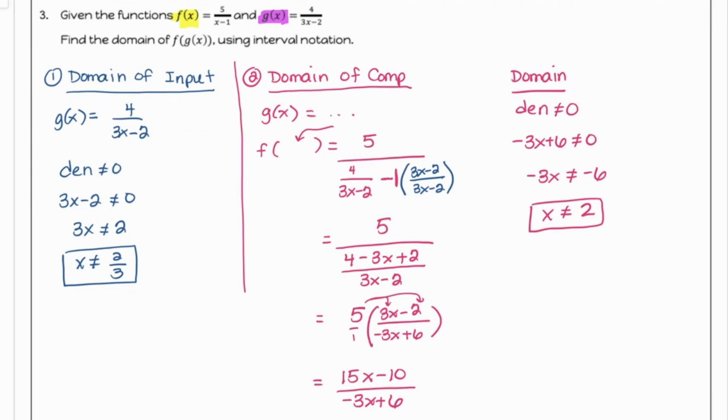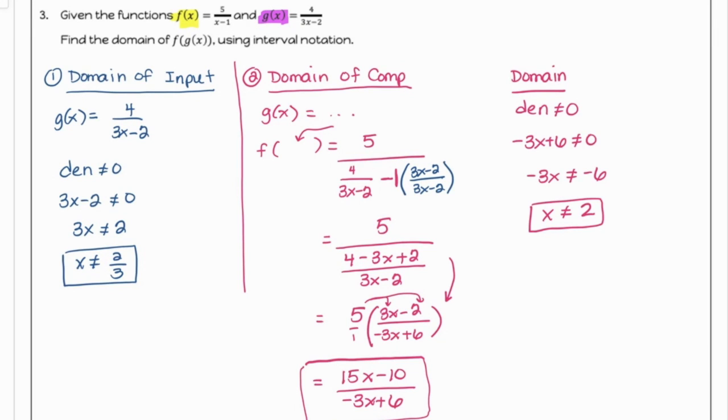Okay, so for the domain of the composition, the first thing we're doing is the composition piece. We end up at an output of (15x minus 10) divided by (negative 3x plus 6). I did the process. I needed to look at that denominator, find common denominator so I could combine them. At this point here, what we did is keep, change, flip to simplify our complex fraction.